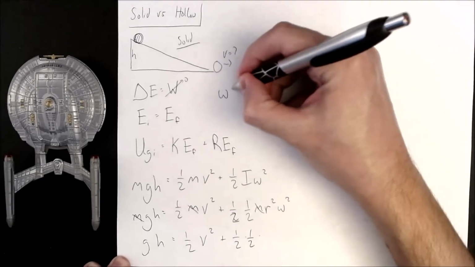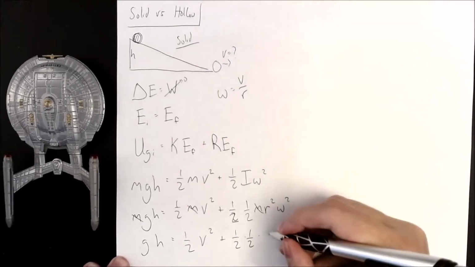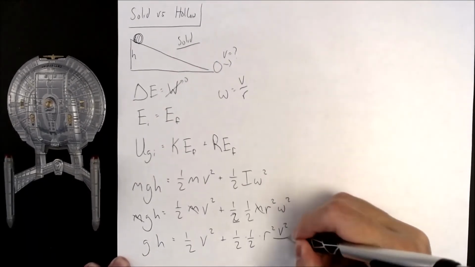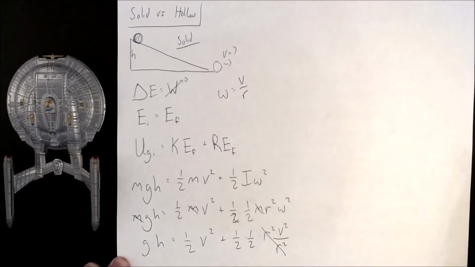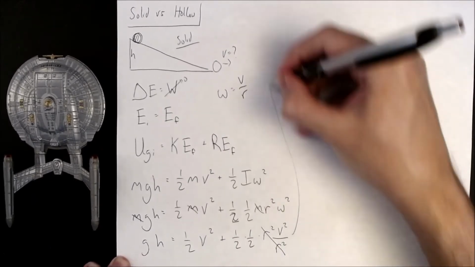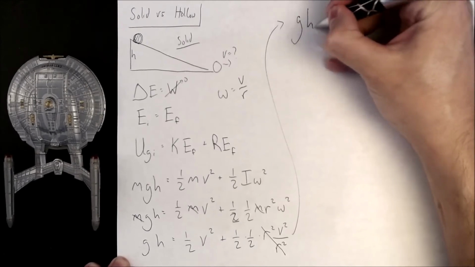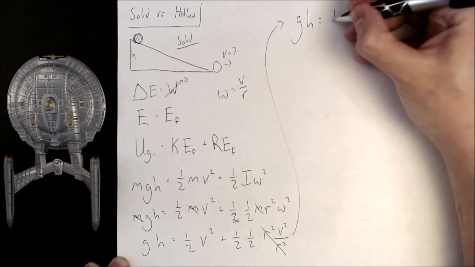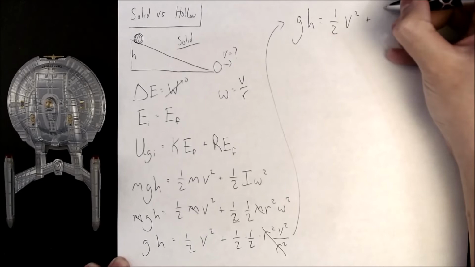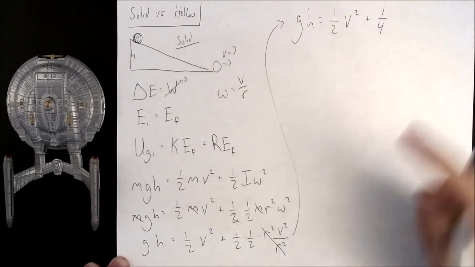Remember, omega is v over r, so I get r squared v squared over r squared. Those cancel, and so now I have gh is equal to 1/2 v squared plus 1/4 v squared.